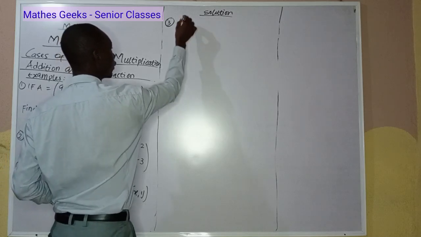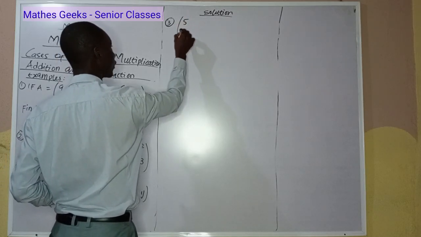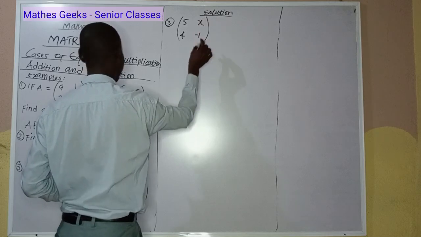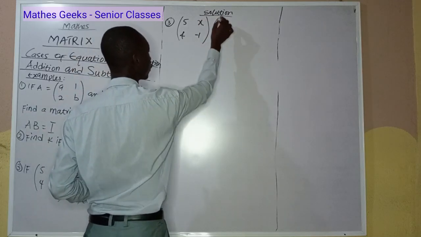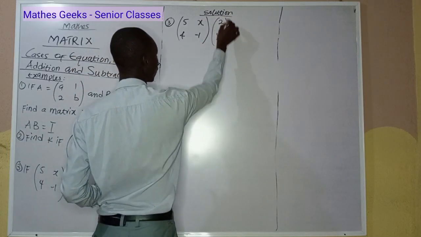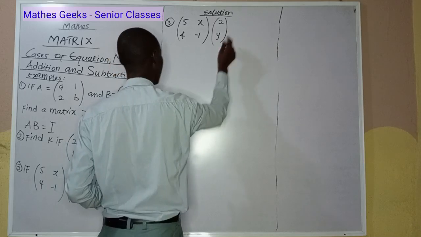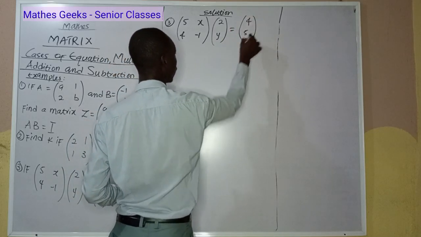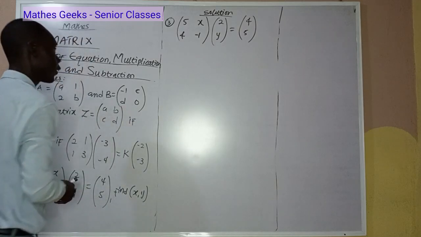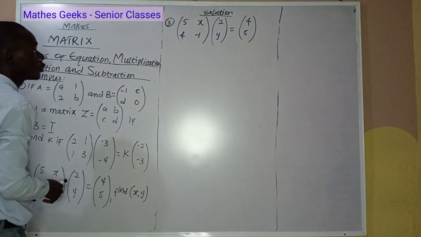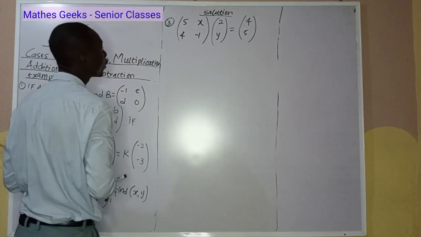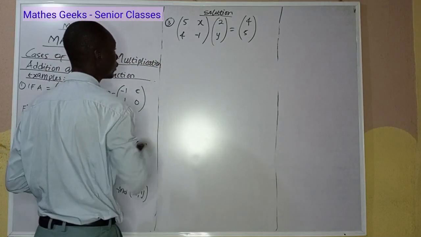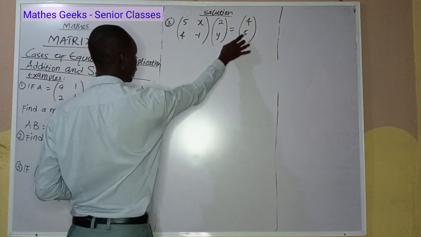If the matrix 5, x, 4, minus 1 times the matrix 2, y is equal to 4, 5, find x, y. Okay, we're going to proceed by multiplying this matrix by this and equating it to this.